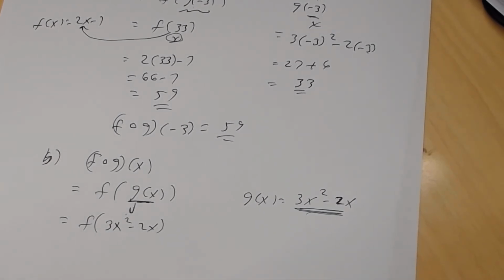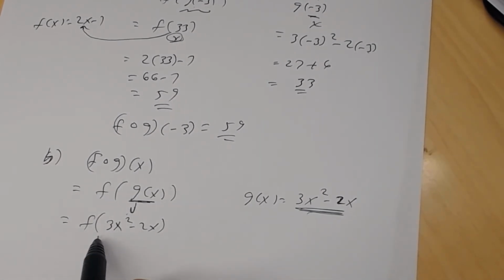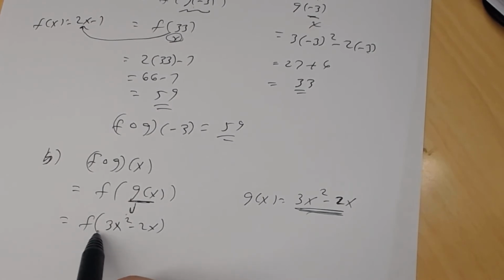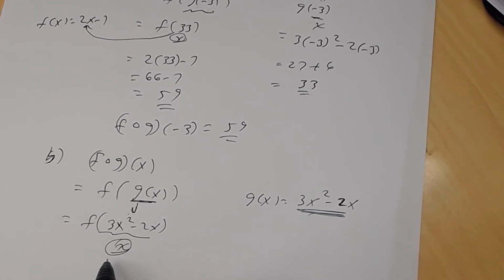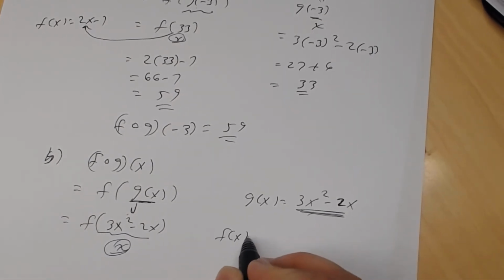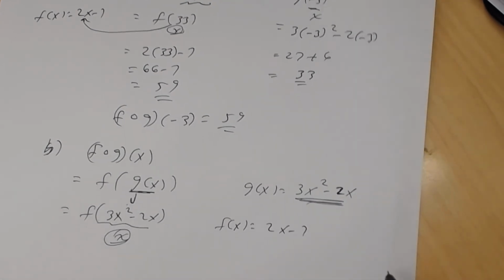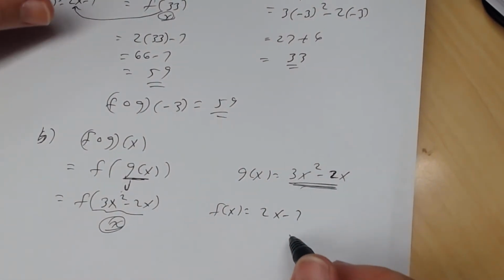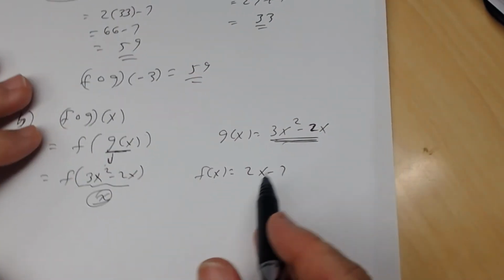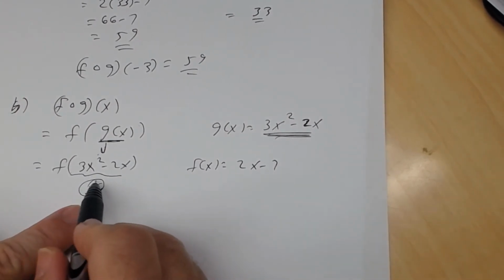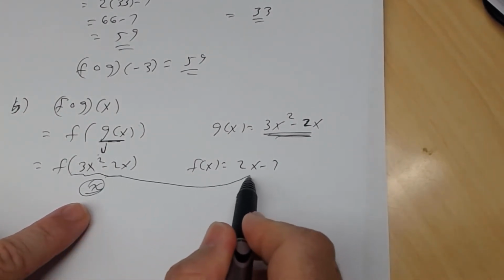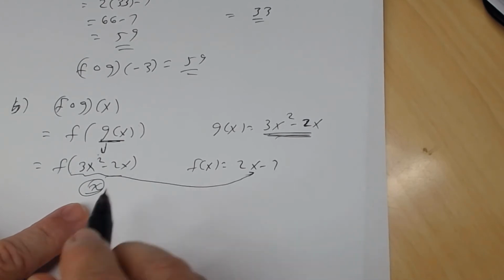Now I go to my function f, and where we see the variable x, I input this expression. Remember, f of x was 2x minus 7. So in place of x, I'm going to substitute 3x squared minus 2x.